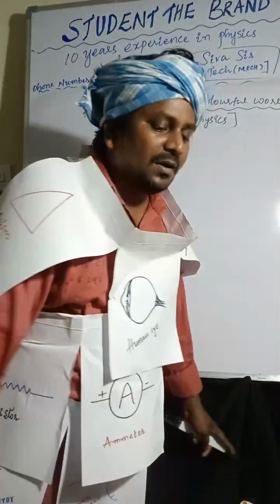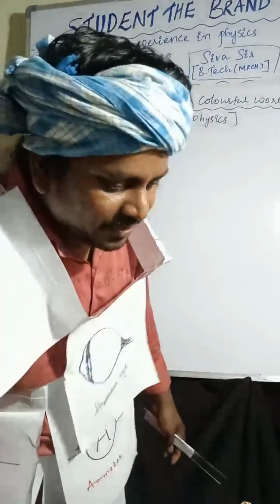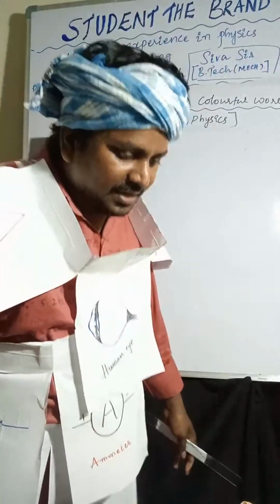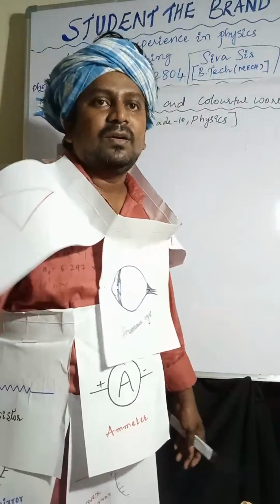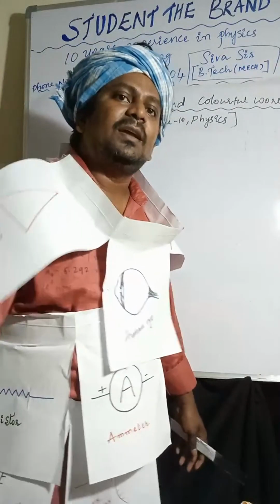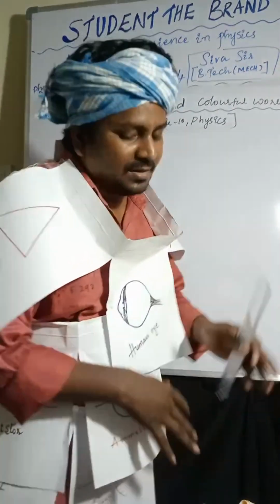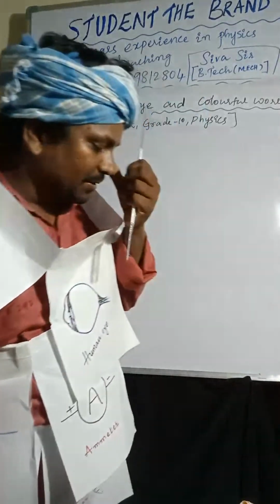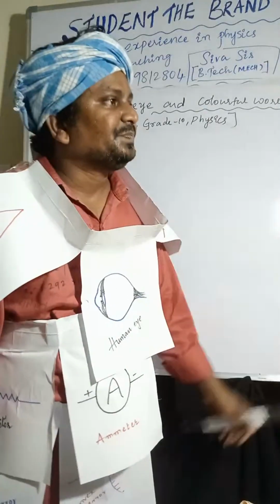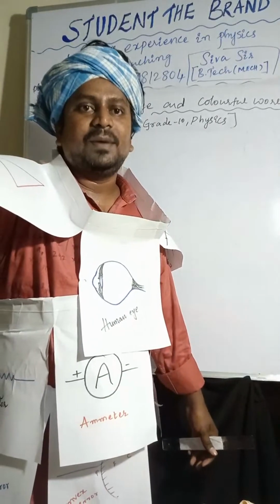Hypermetropia, convex lens; myopia, concave lens. I hope it is completed. Myopia and hypermetropia. Next one, light passes through the prism.